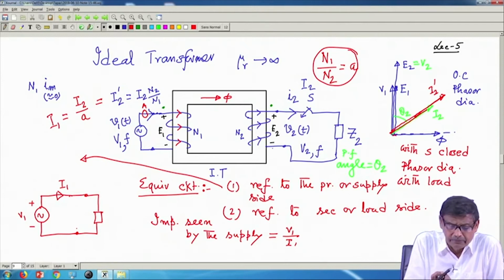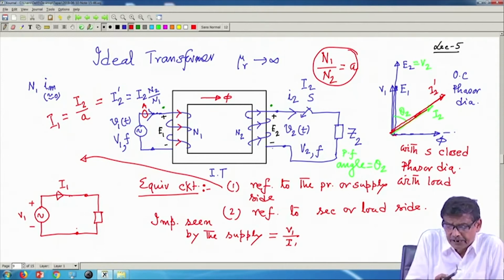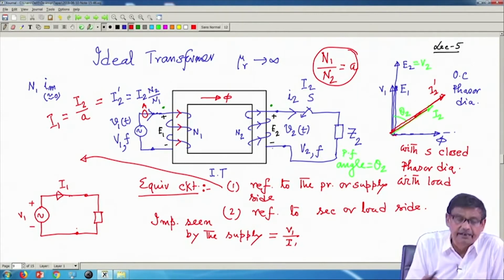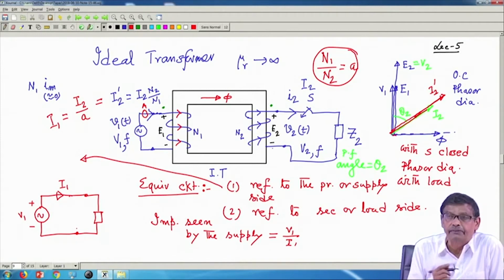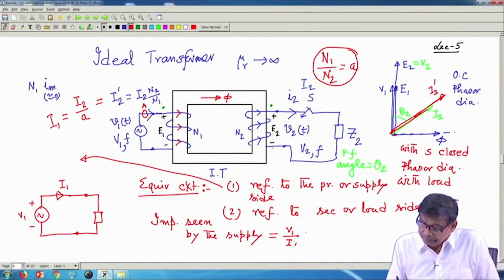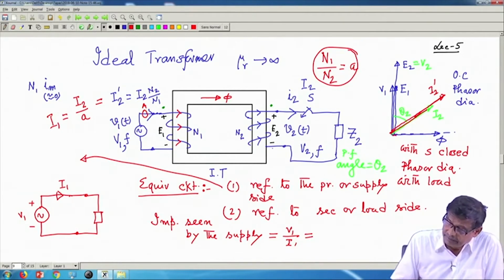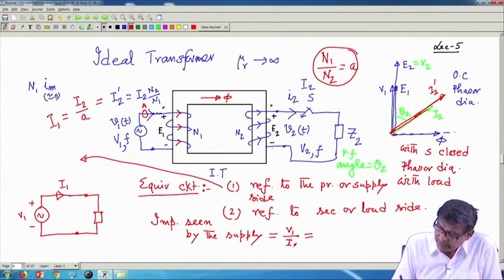He will say, oh, somebody has connected across me an impedance and that is why I am delivering a current I1. That is all, V1 by I1.